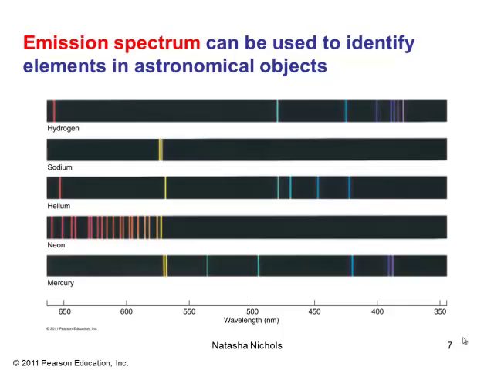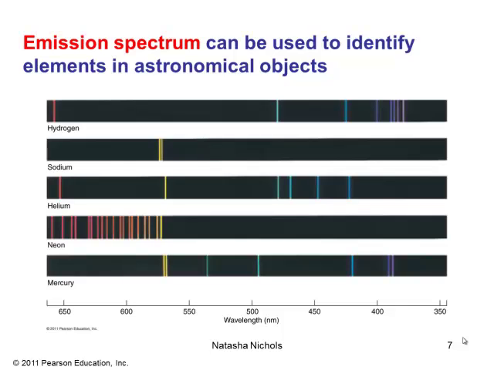The emission spectrum in general can be used to identify the elements within an astronomical object. Each element has a distinct emission spectrum. The first spectrum you see on the top is the emission spectrum of hydrogen. So if we look at a celestial object and we see those lines, you see how there's a red line that corresponds to about 660 nanometers.